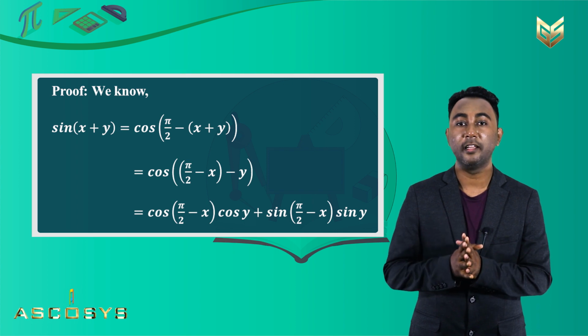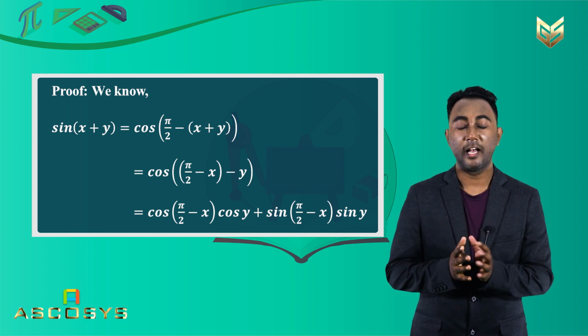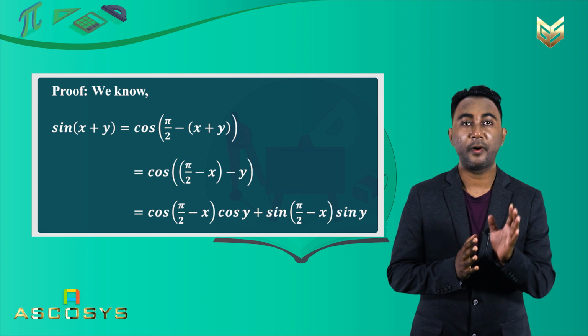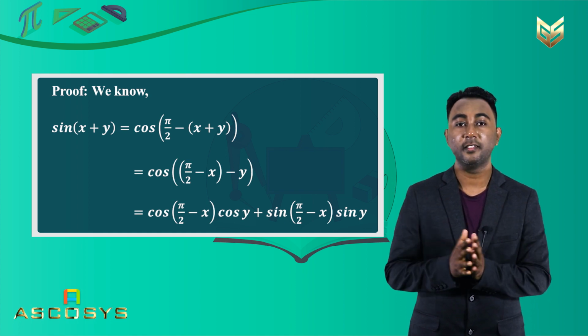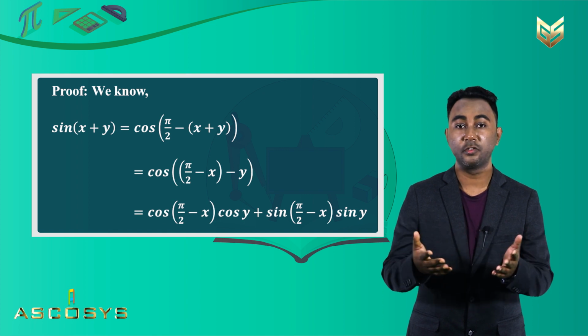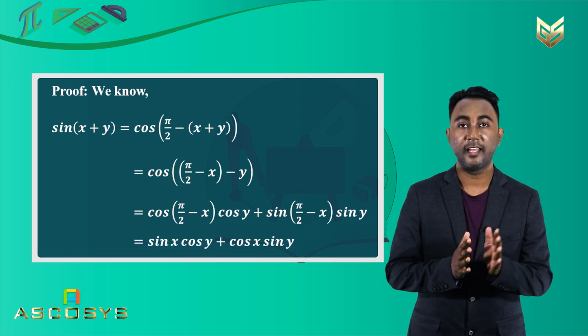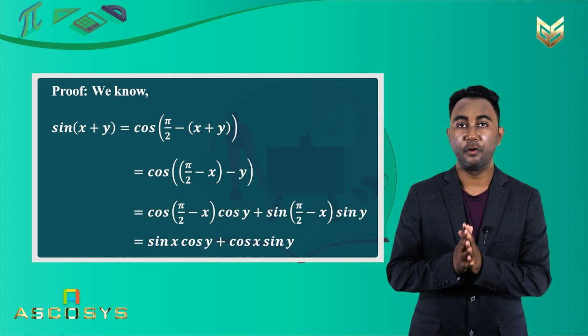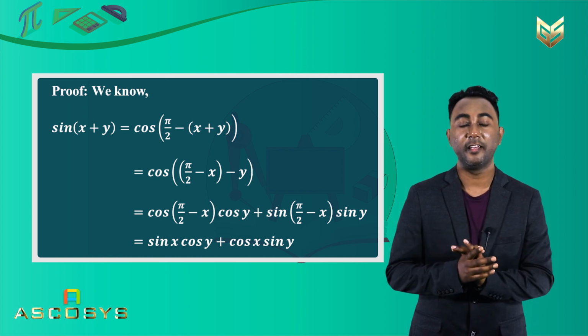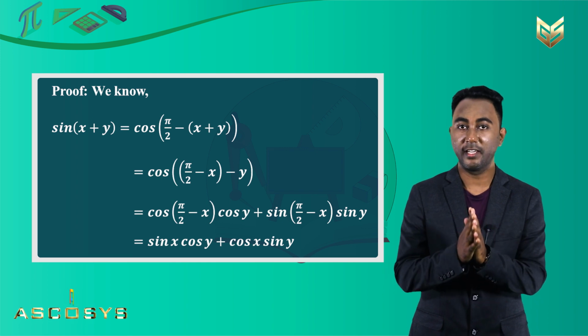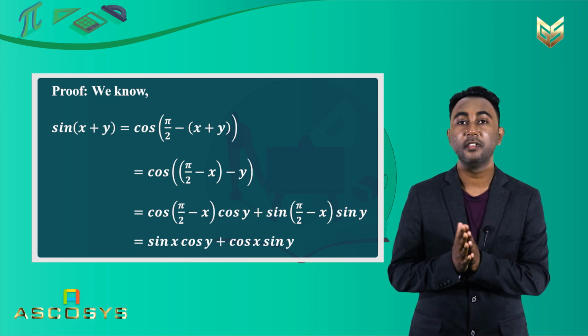Here we have used our identity number 2. Now we also know that cos of pi by 2 minus x is sin x and sin of pi by 2 minus x is cos x. If we replace those terms, it becomes sin x into cos y plus cos x into sin y.